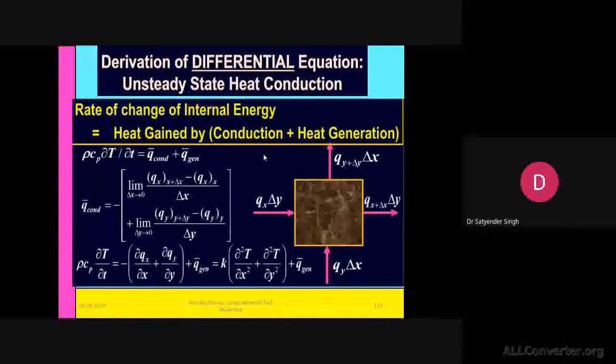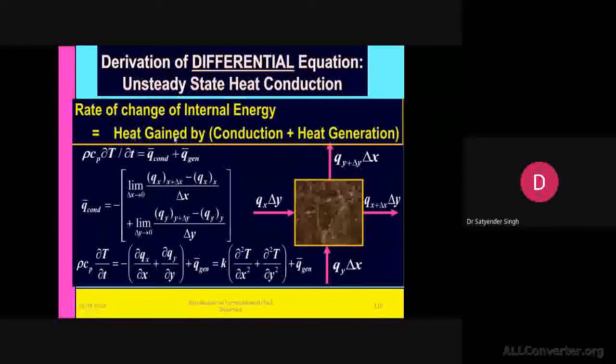Earlier formulation was as per the finite difference method. Okay, so we have the diffusion equation, and it can be written like this on the basis of rate of change of internal energy. This first term represents the rate of change of internal energy.